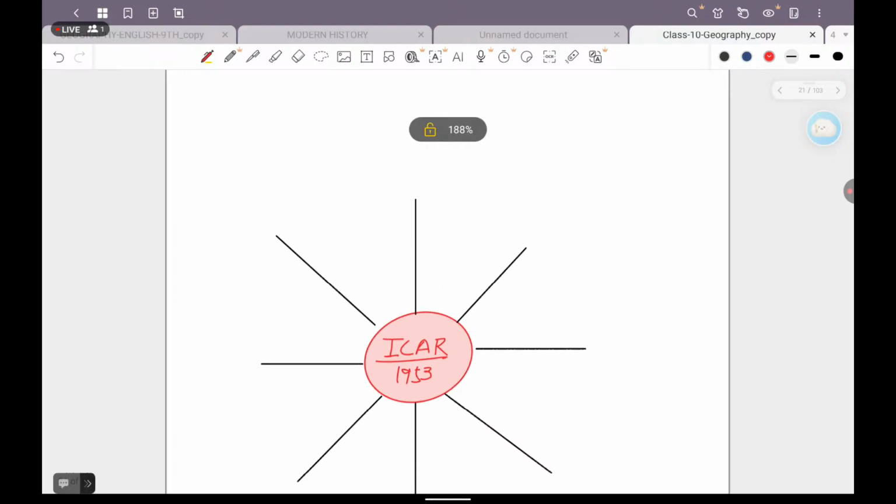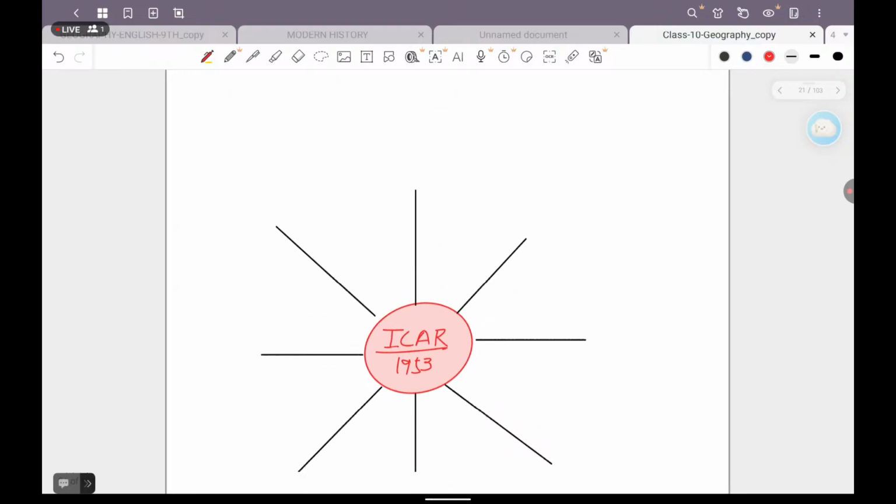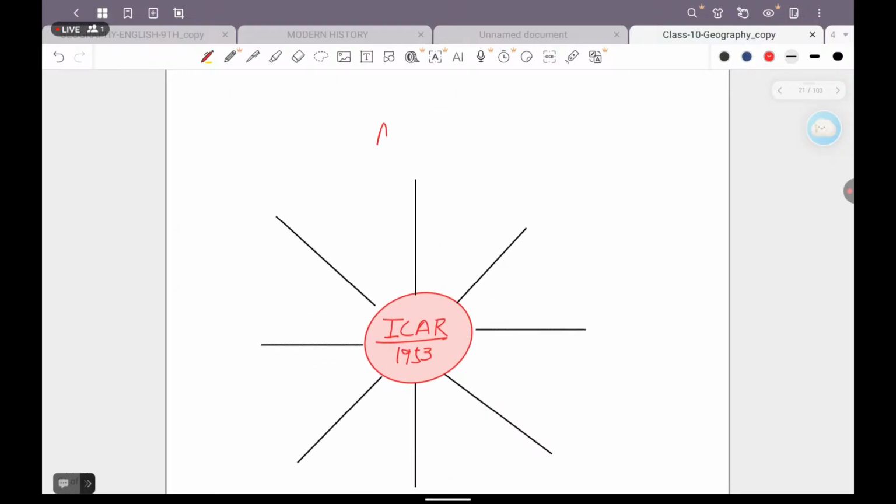The first soil is the alluvial soil. And the second soil is the black or regur soil.